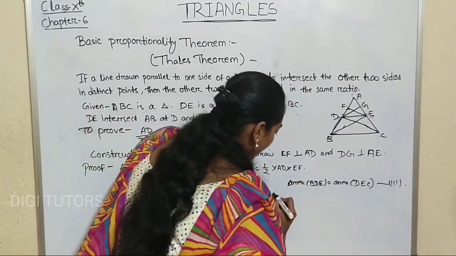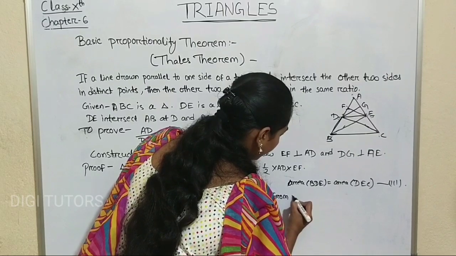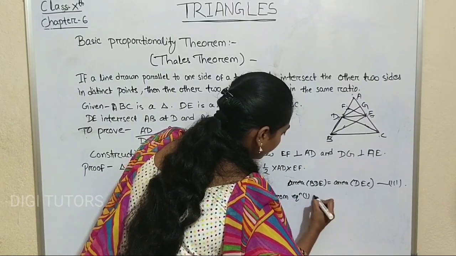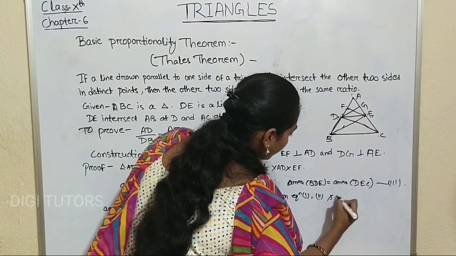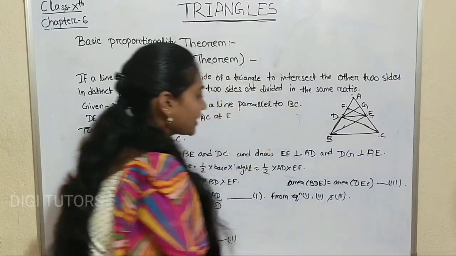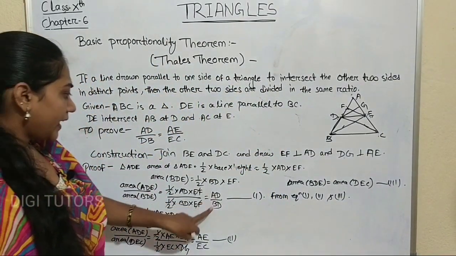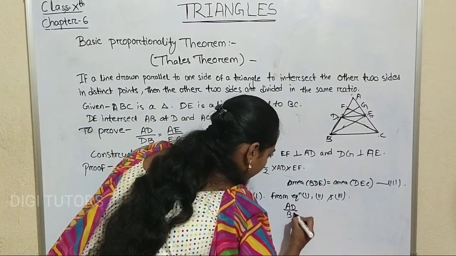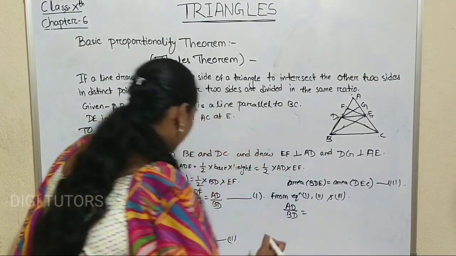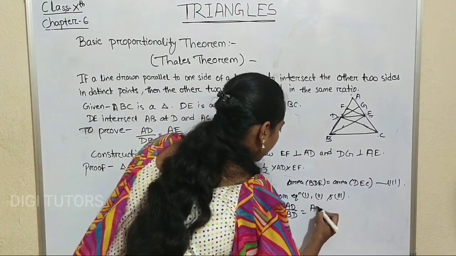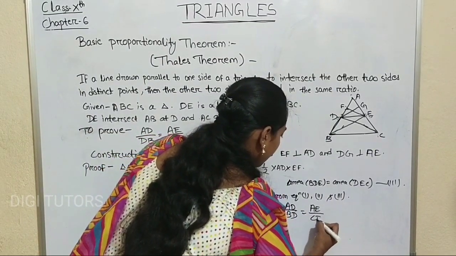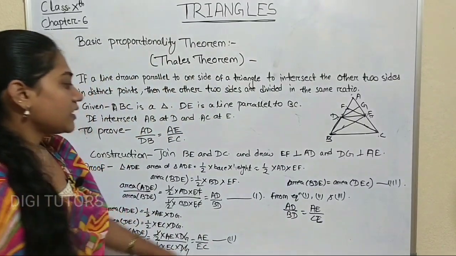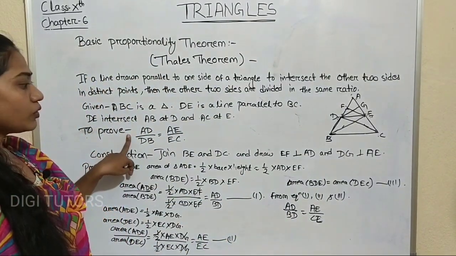From equations 1, 2 and 3, we can say that AD by BD is equal to AE by CE. See, this is what we had to prove.